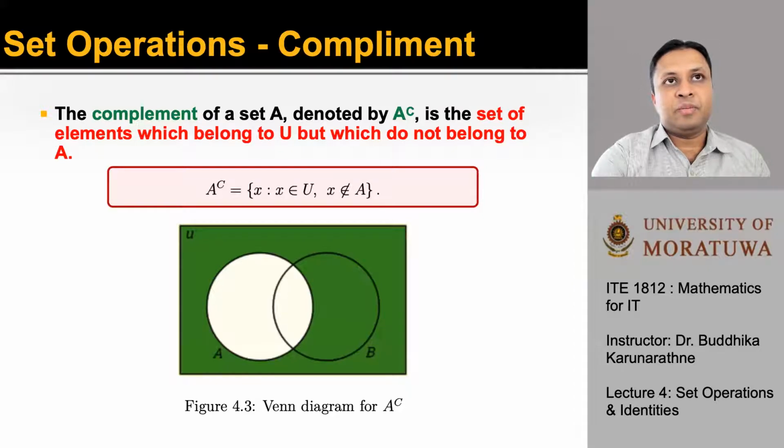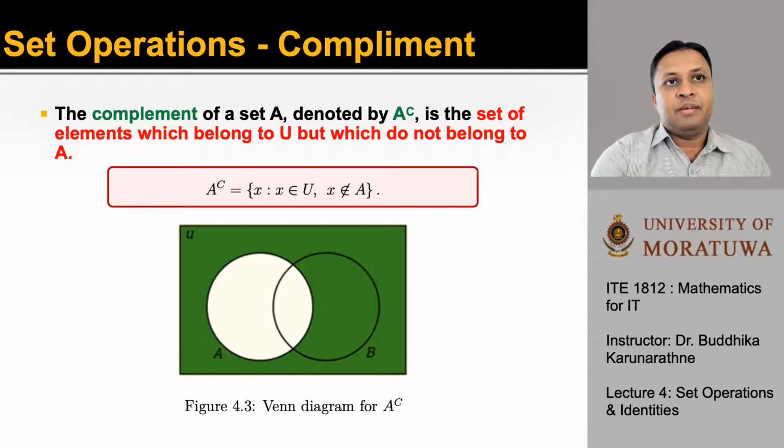And now the next operation, which is the complement. The complement of set A, for example, is denoted by A superscript C, which denotes complement. This is the set of elements which belong to U, that means the universal set, but do not belong to A. So you have the mathematical representation as well as the Venn diagram.